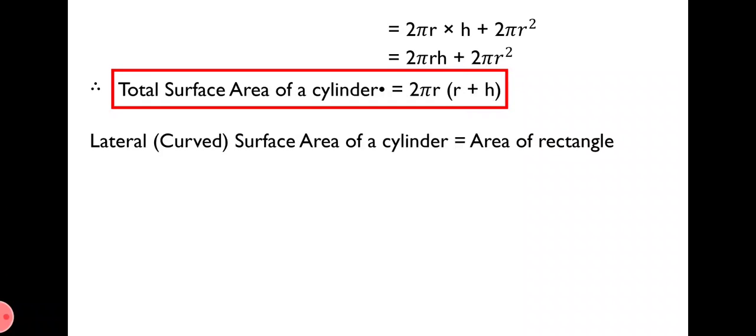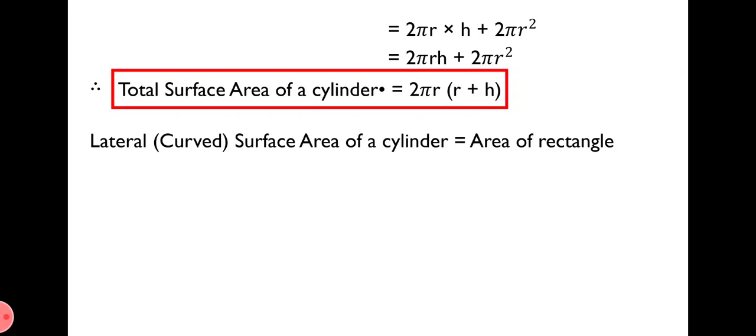And lateral surface area of a cylinder: as we have already discussed, we have to exclude the top and bottom parts. The top and bottom parts of a cylinder are circular parts, so we don't count those two circular parts, that is 2 pi r square.